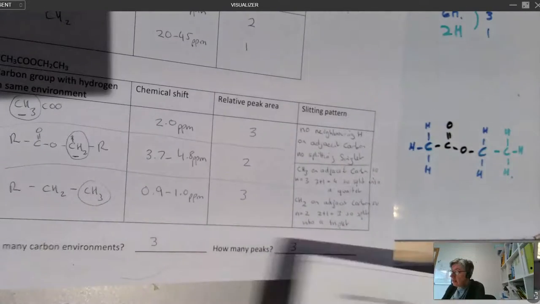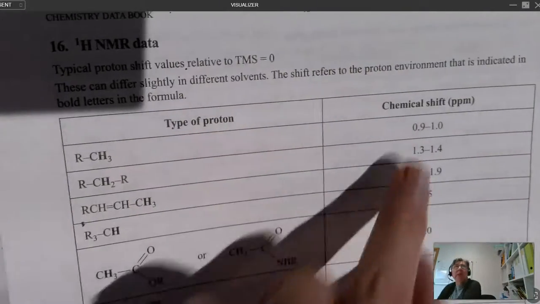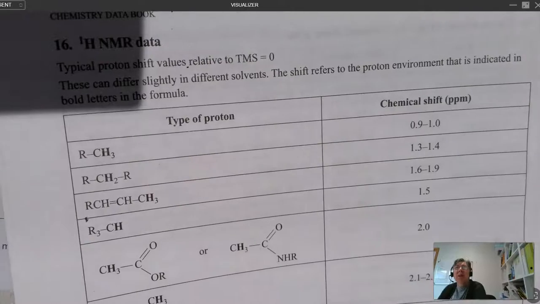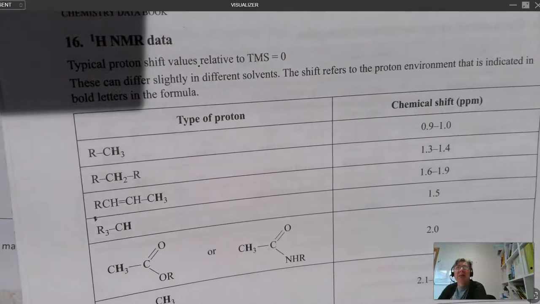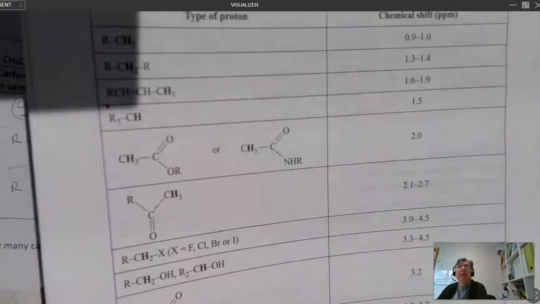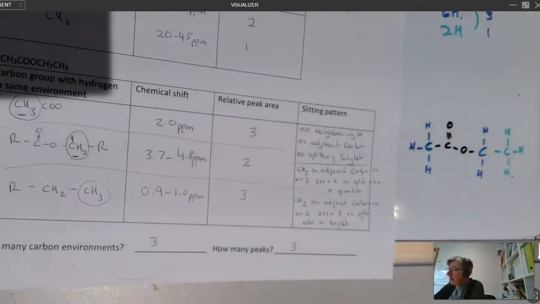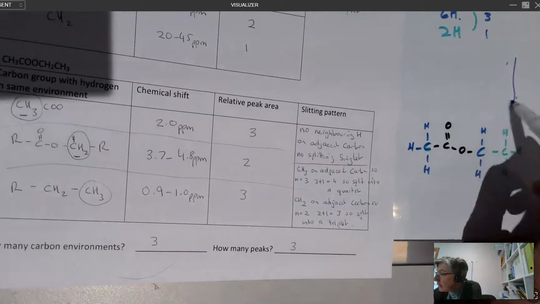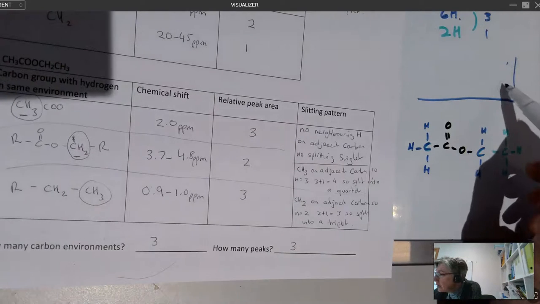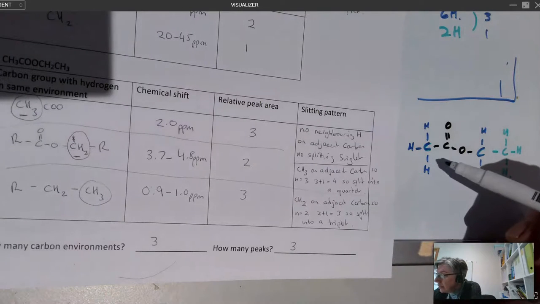And then the one on the end, I've only really got this one that we can refer to. That would be probably a bit higher because it's next to an oxygen. So it would probably be a bit higher than 0.9 to 1.0. But when we're drawing it, this one on the end is going to be probably at the lowest. And then we've got this one here, which will be further up.